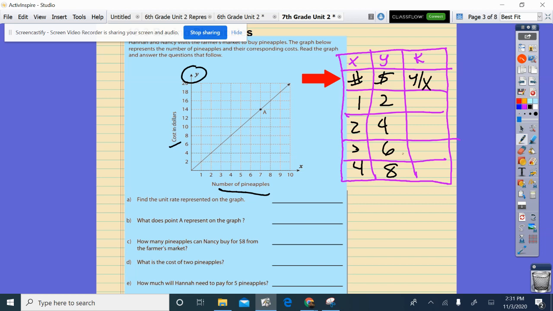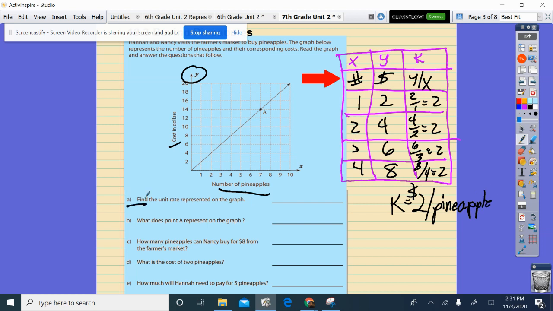So now my next step is to say, is there a constant? Well, I just divide y over x. 2 divided by 1 is 2. 4 divided by 2 is 2. 6 divided by 3 is 2. 8 divided by 4 is 2. So it must be 2. 2 what? Well, it's $2 per pineapple.